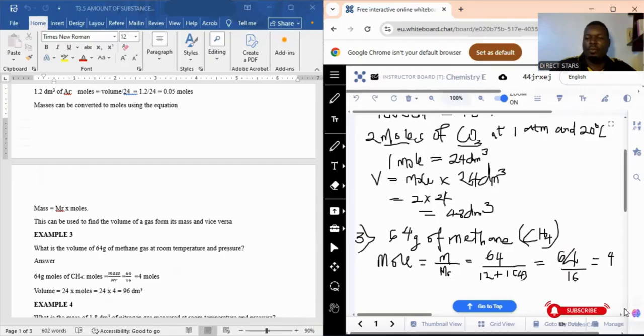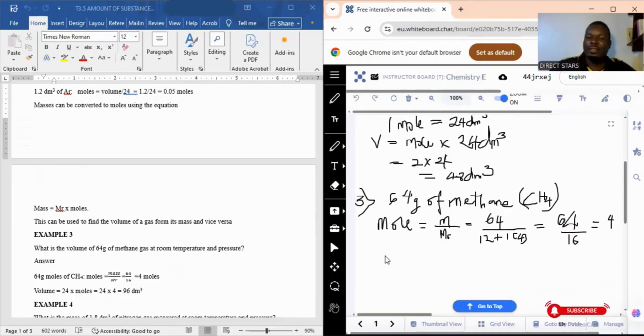So now that we have 4 moles, we can easily convert to get our volume. Our volume equals mole times our constant for every 1 mole, which is 24 dm³. So we have our 4 moles times 24, and that gives us 96 dm³.